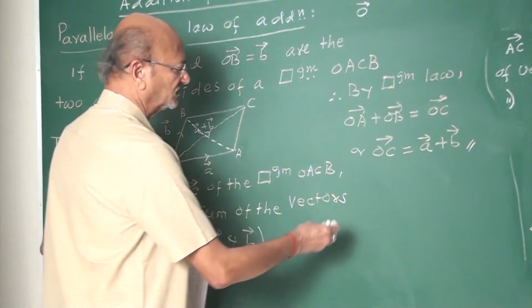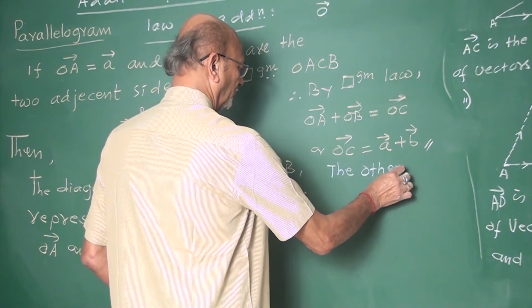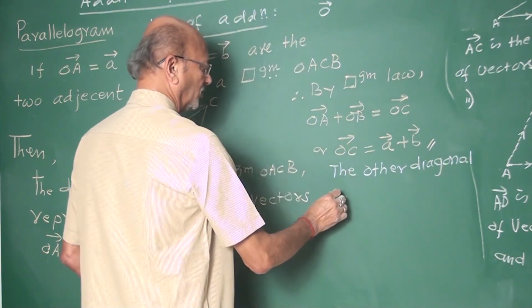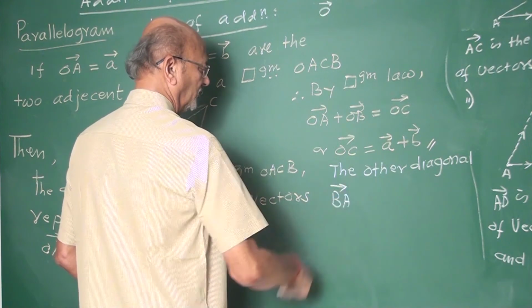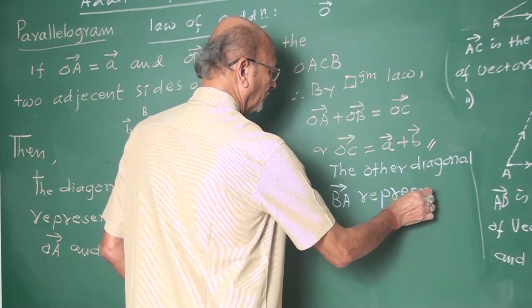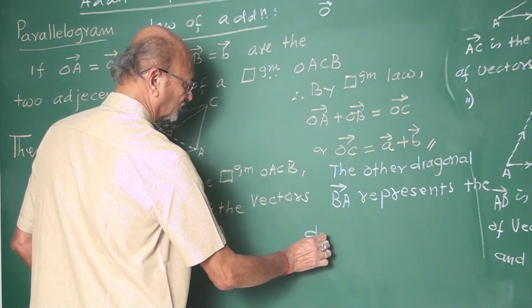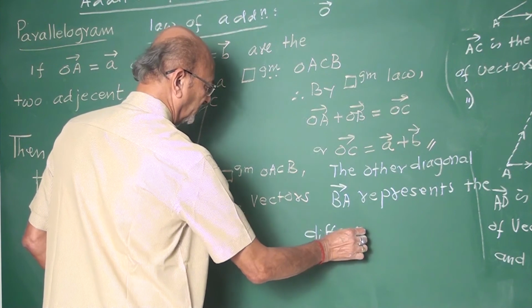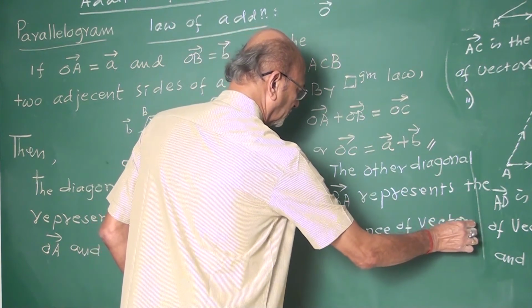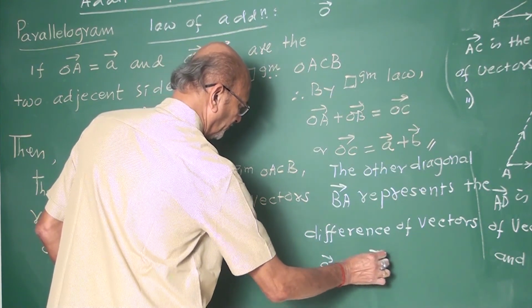A minus B. The other diagonal, vector BA, represents the difference of vectors A and B. Yes, my friends.